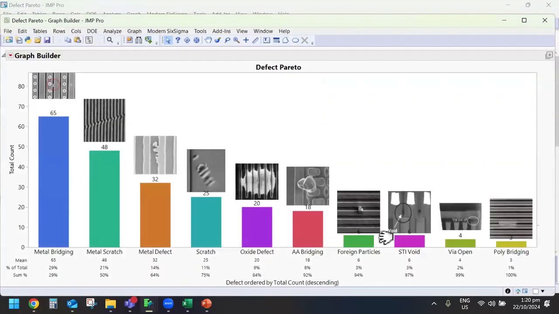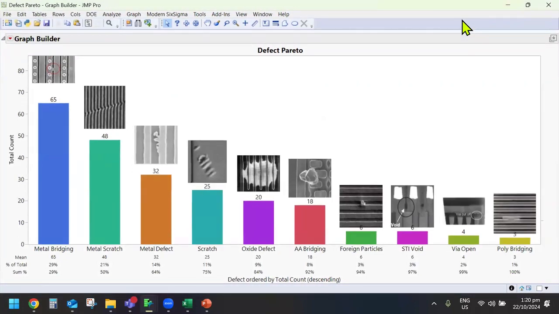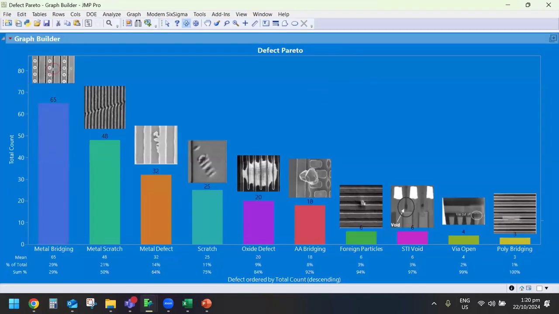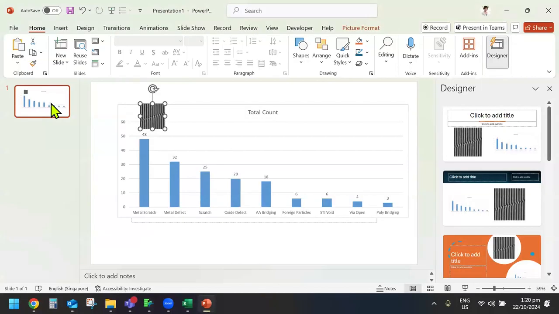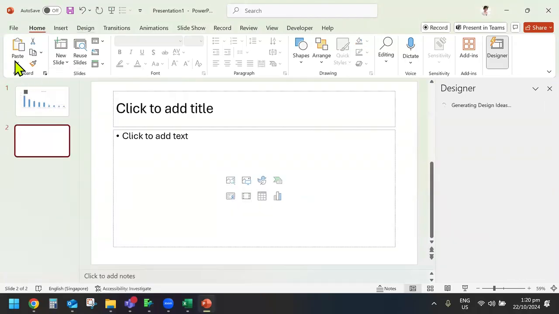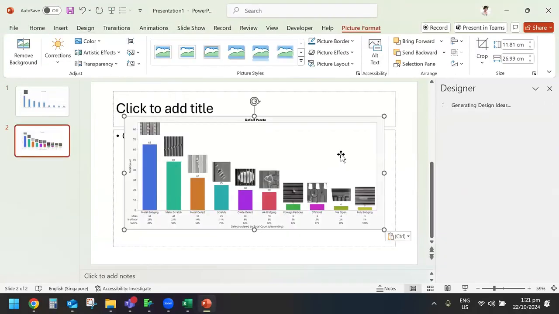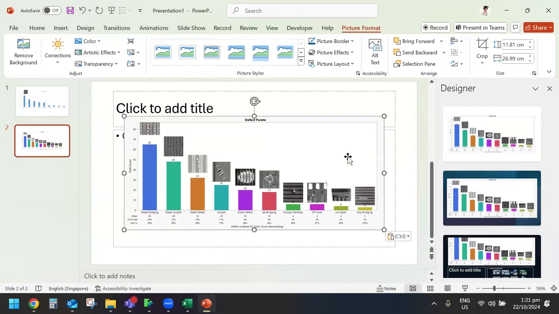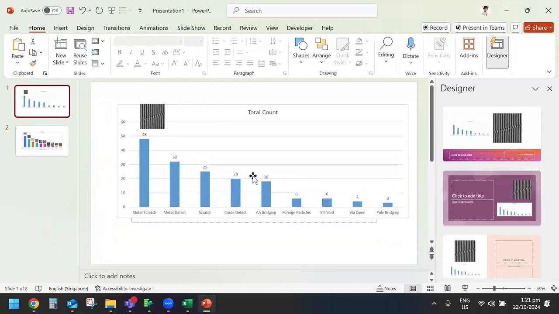When we look at Graph Builder, it stands for exploratory data analysis. Remember just now the single data point was replaced by the picture. Once you copy this picture, you can paste it into PowerPoint. Here, I can copy and paste as a picture. So you get your Pareto done without so many manual steps.